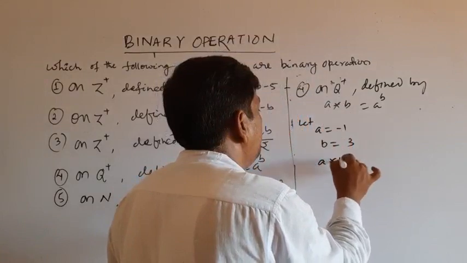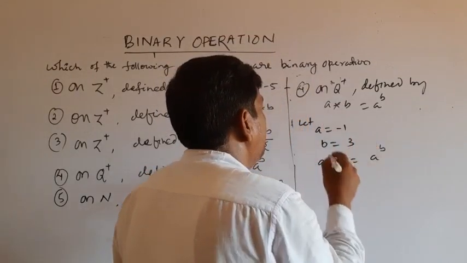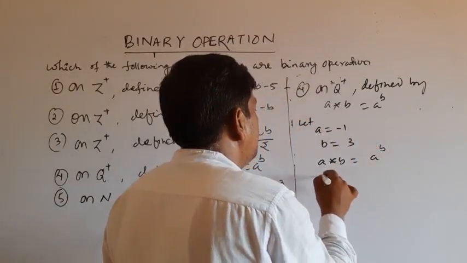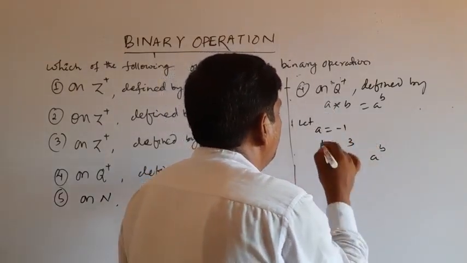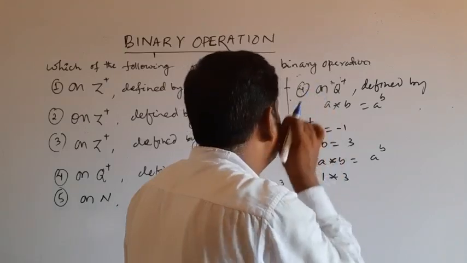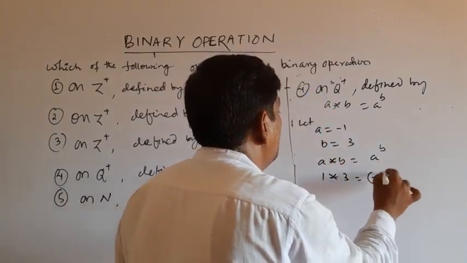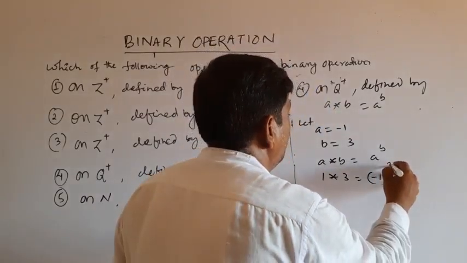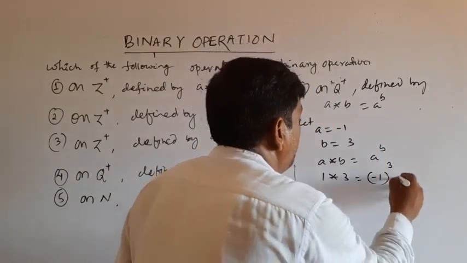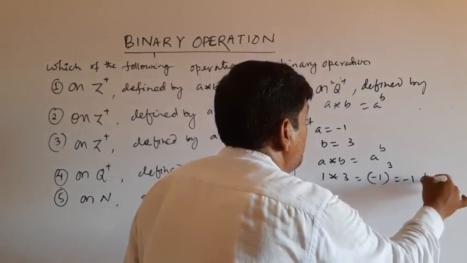A star b is equal to a to the b. Then 1 star 3 is equal to minus 1 to the power 3. So this will be minus 1, which does not belong to Q plus.